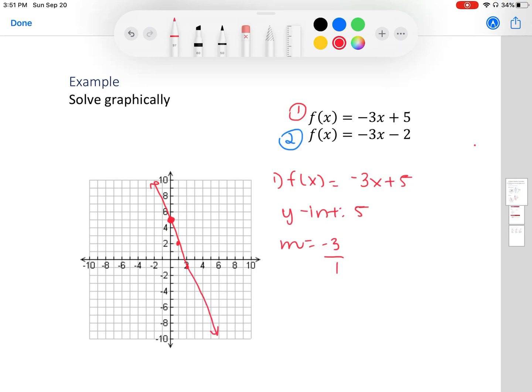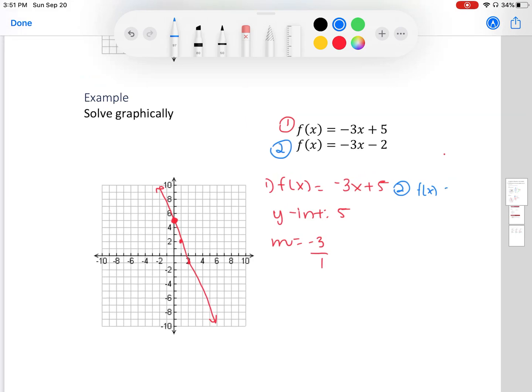All right, next one. We have f of x equals negative 3x minus 2. So there we have a y-intercept of negative 2 and a slope of negative 3. So I go down 2, and then I go down 3 over 1.